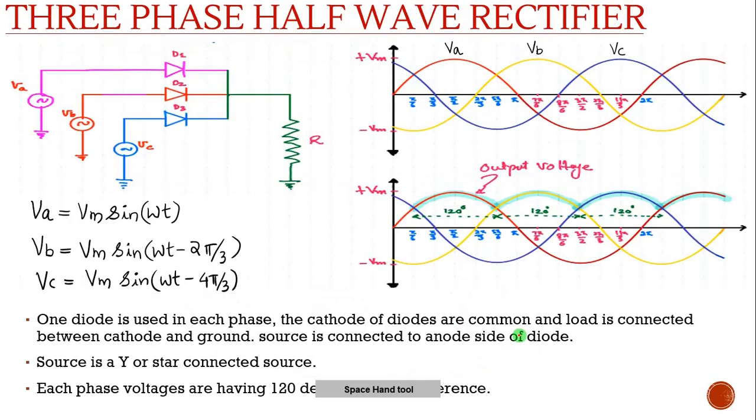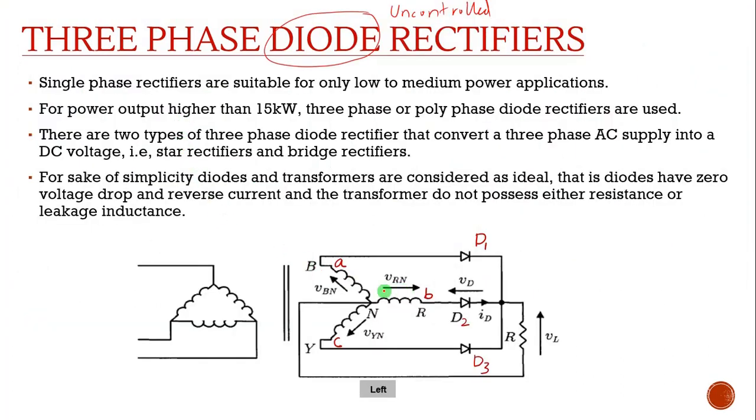And this is an R load, that is resistor load only. This same figure I have redrawn here. You can see line A connected to diode D1, line B connected to diode D2, and line C connected to diode D3.